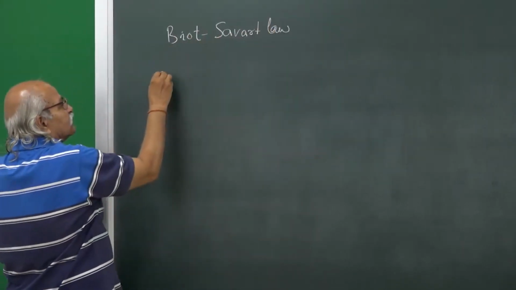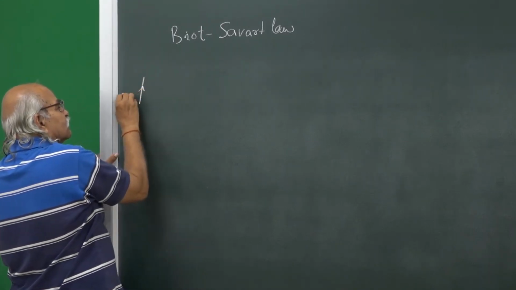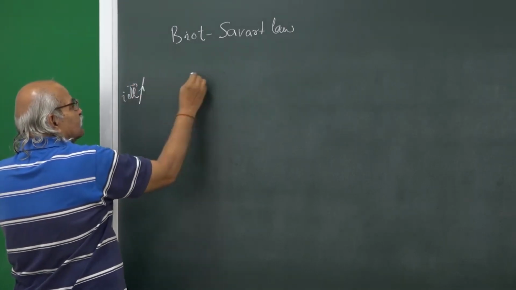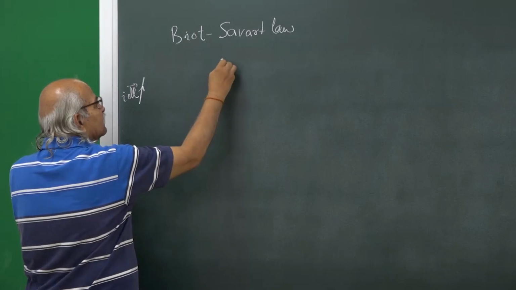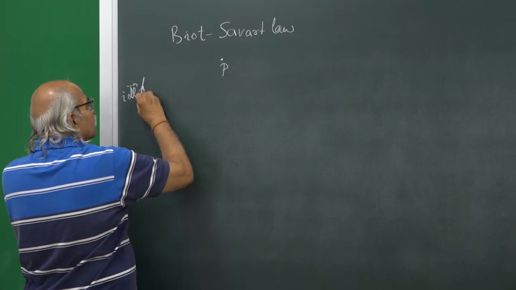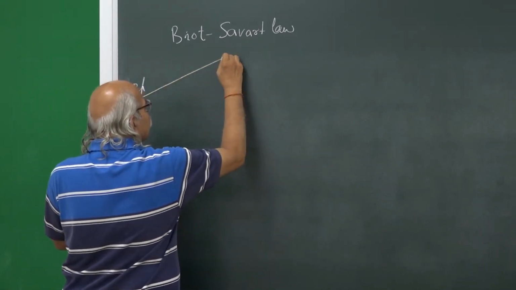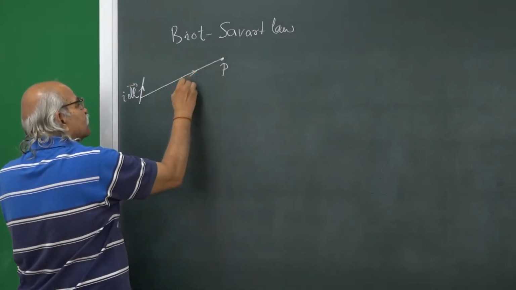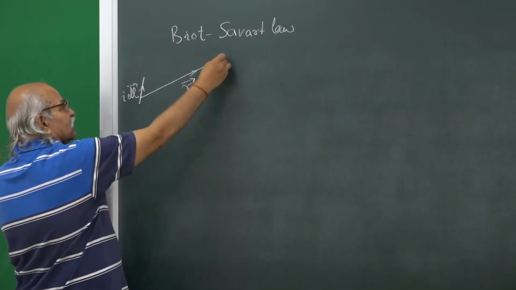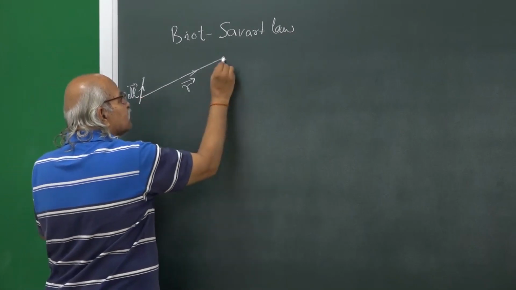And you know this, if you have a current element, I will talk about what this current element is, and then you have some point P where you want the magnetic field due to this current element, then you connect this current element to this point P, and call this position vector r, of the point where the field is needed, starting from the current element because of which the field is needed.